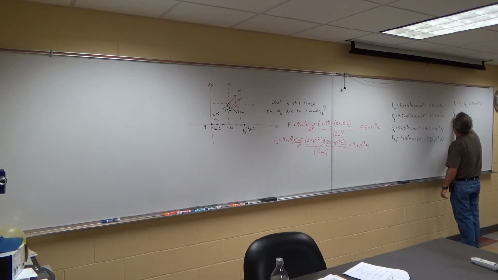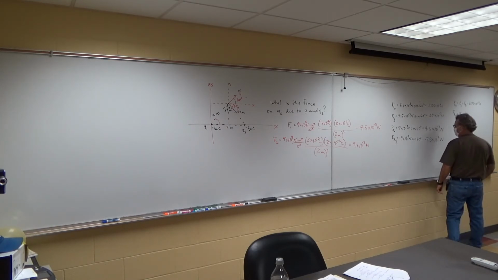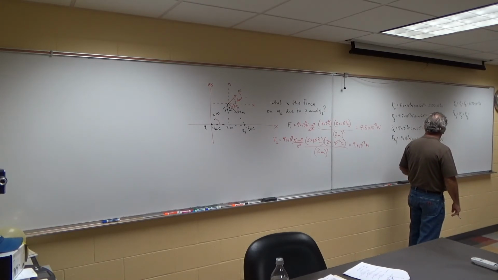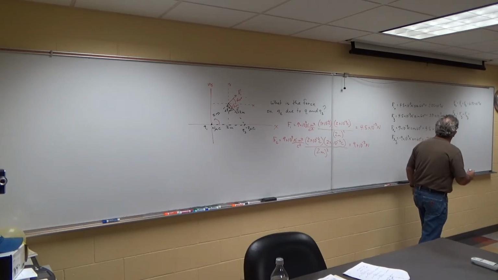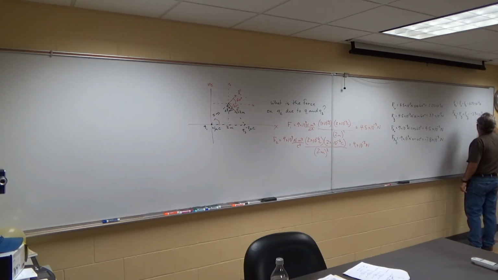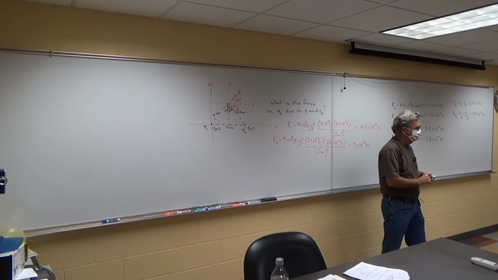F resultant Y is equal to F1Y plus F3Y, which is equal to negative 3.9, if I did that right.